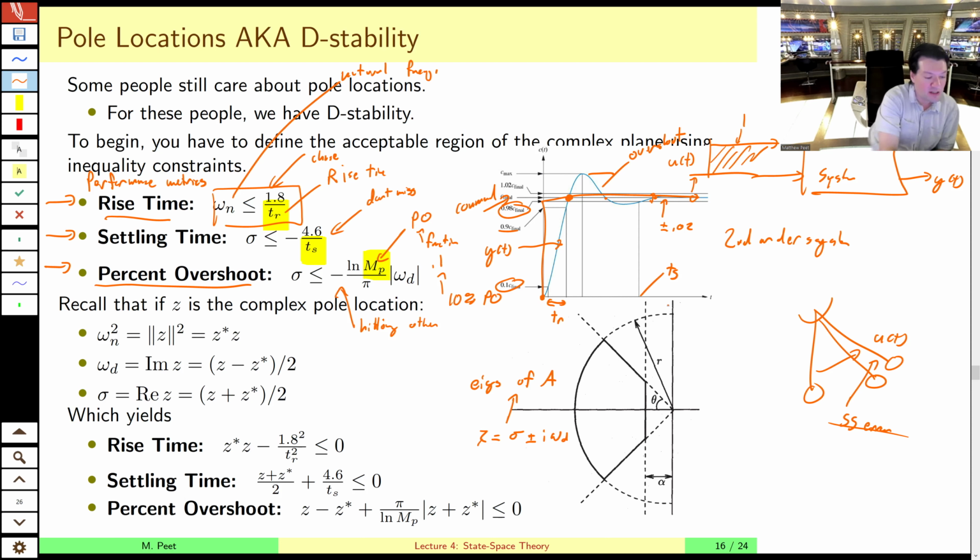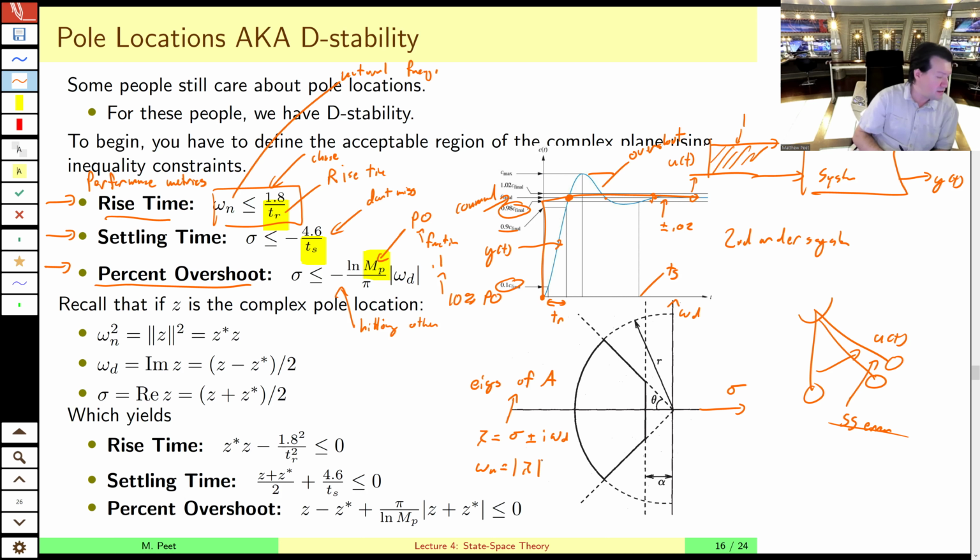So if we look at the complex plane, which is sigma on the x-axis and omega d on the y-axis, we can mark off acceptable regions of the complex plane by our performance metrics. Specifically, by the way, natural frequency is the magnitude of this lambda.